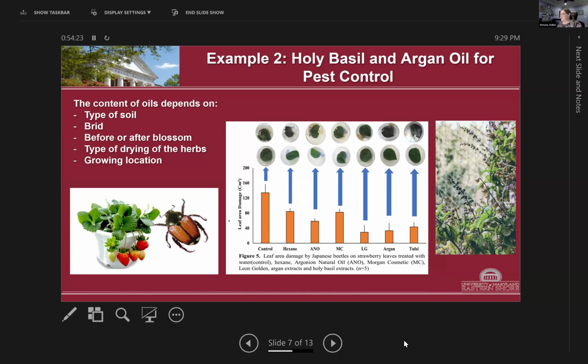And we can take a picture at the very beginning and then have a control that has never been sprayed by any of our extracts. And then we can have another control that is only sprayed by the solvent that we use to prepare extracts of essential oils. And then we can take several with different concentrations of essential oils, which are derived from holy basil and from different kinds of argan oil.